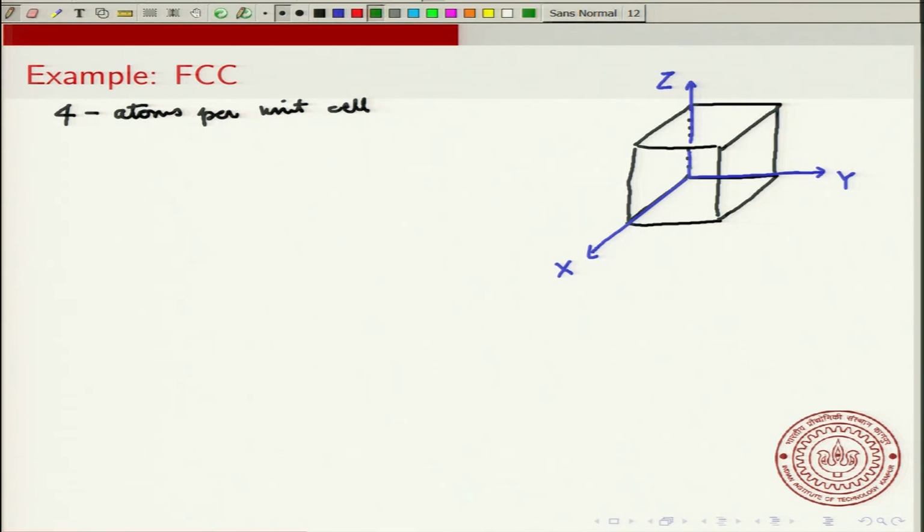I am going to say, this one at this corner, which due to lattice translation will appear at all the corners, all the 8 corners.